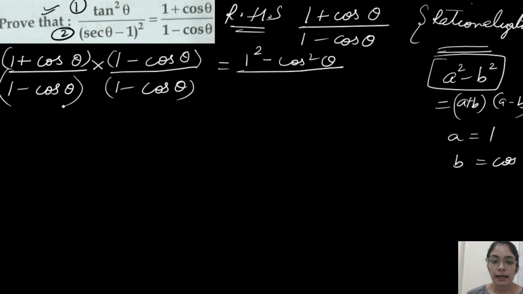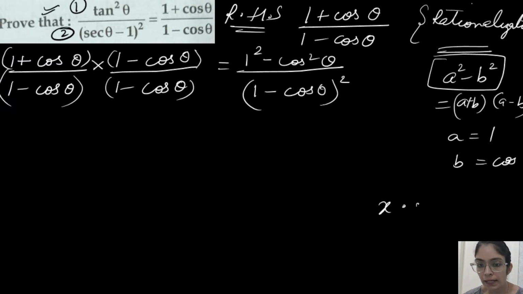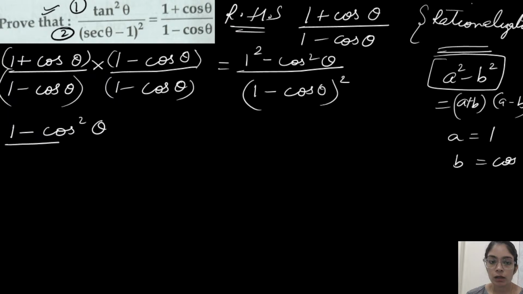In the denominator, 1 minus cos into 1 minus cos, like the previous question, it will become a whole square. Same term, like again I'll tell you, if you multiply x with x, it will become x square. So a same term multiplied with itself becomes the square of itself. Now at the numerator, because we have used it in many questions, it will become 1 minus cos square theta, because 1 square is 1, by 1 minus cos theta whole square.